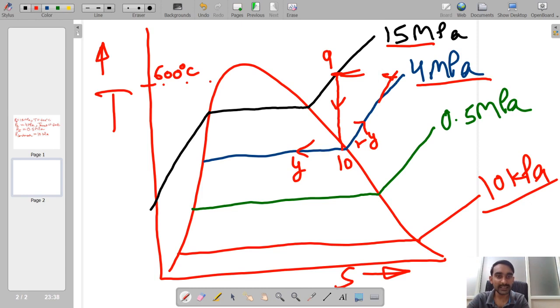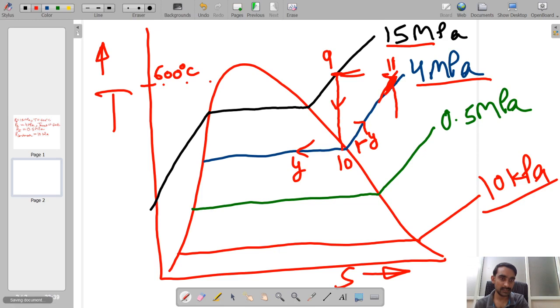So once again, this process from 10 to point number 11 is nothing but our reheating process. Okay, because y fraction we have taken out over here, and whatever the remaining 1 minus y we are having, that part is nothing but we have reheated.